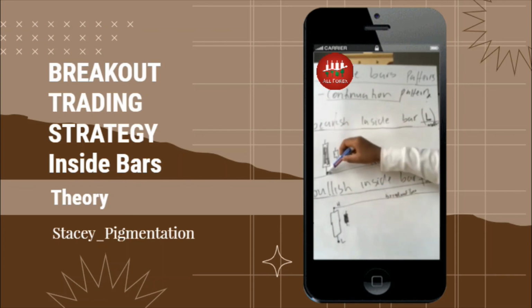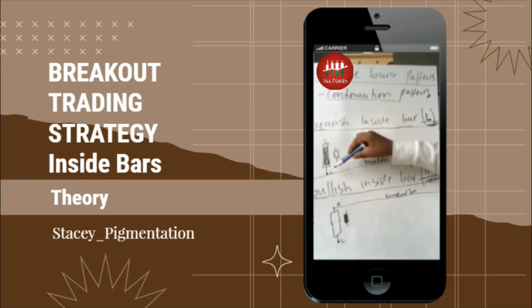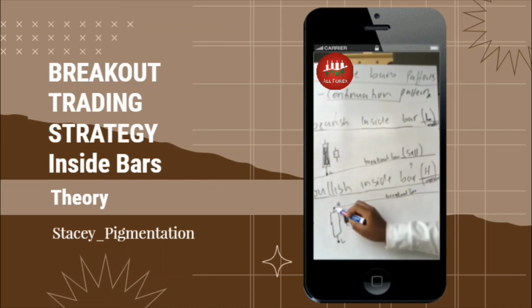We only focus on the lower price because this is a bearish inside bar. Here we only focus on the higher price because that's the bullish inside bar, right? So this means that the breakout of this low gives us a sell signal, and then the breakout of that high gives us a buy signal.